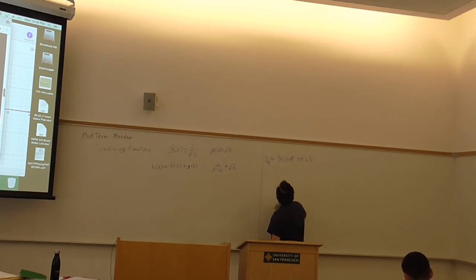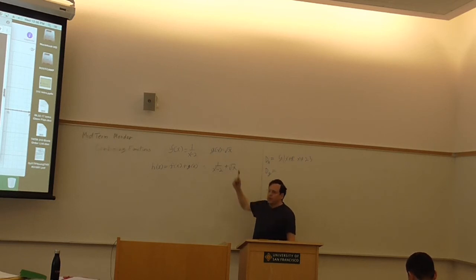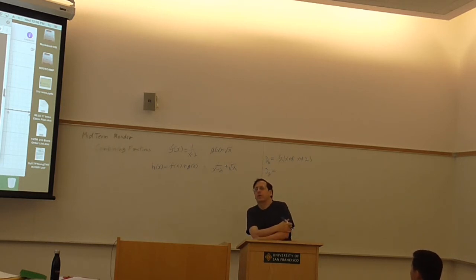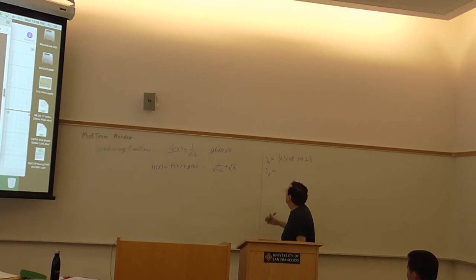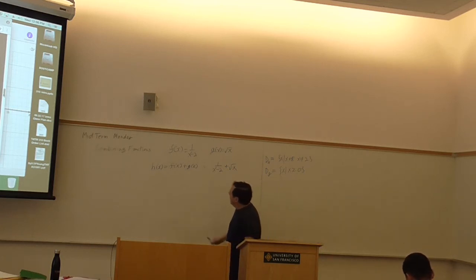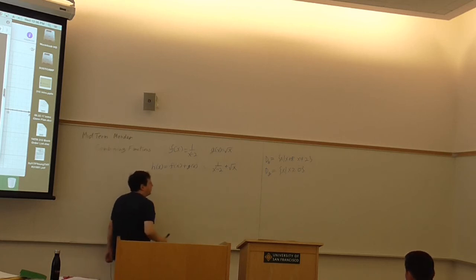Very good. All right, what about g? What's my domain of g? g is the square root of x. Yes? x is greater than or equal to 0. What you said? Good, okay. So now, what's my domain of h here?